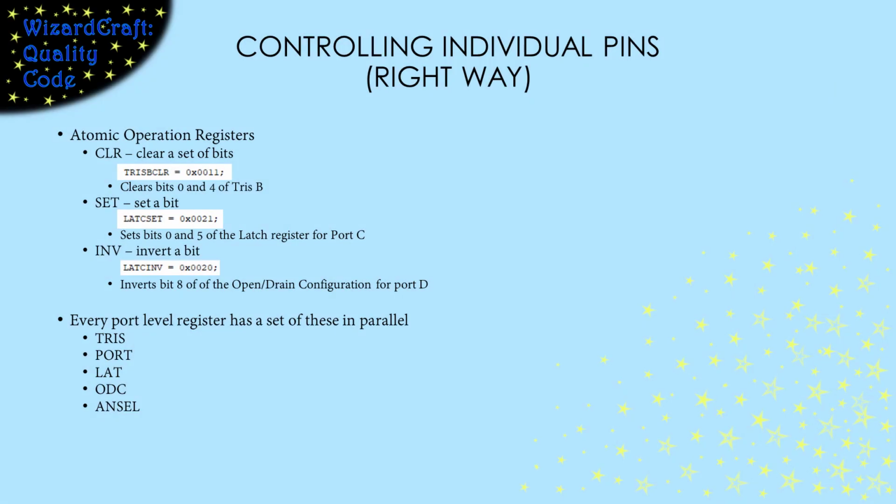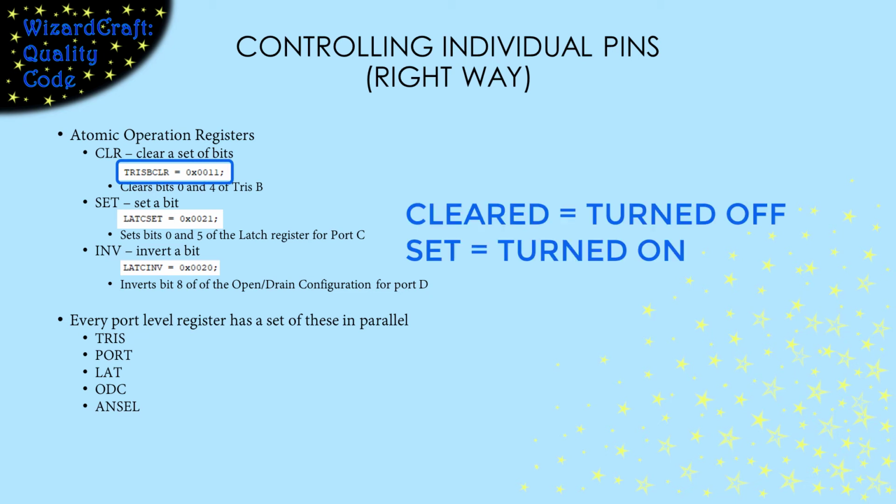Yep. For every register that we've talked about, there are registers that do atomic operations for clearing bits, setting bits, or inverting bits. For these, you use an assignment statement to set the register with a mask for the bits you want to be affected. So if we set TRISBCLR to hex 11, only those two bits will be cleared.